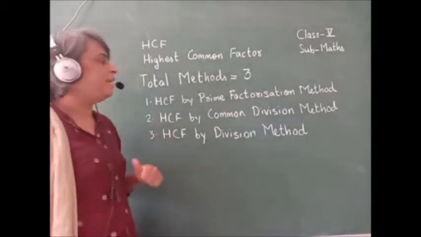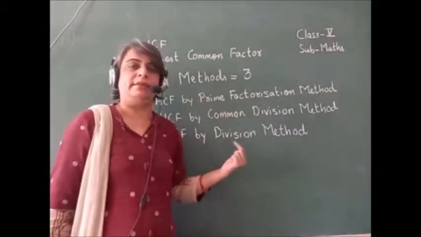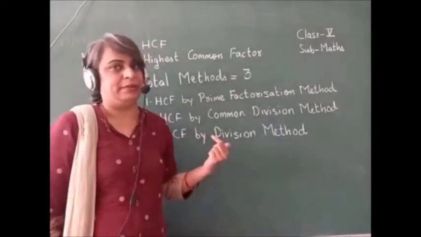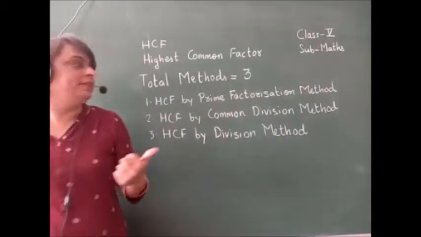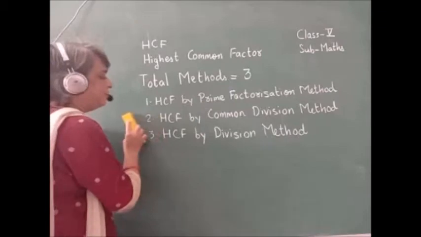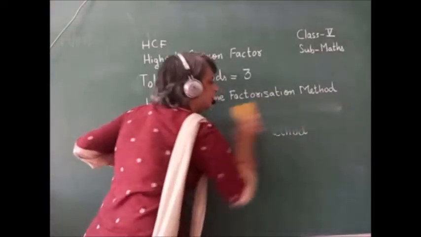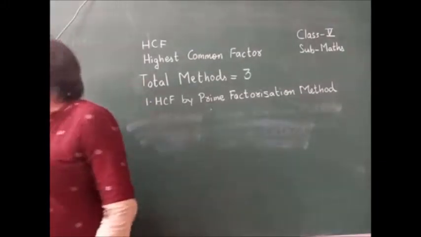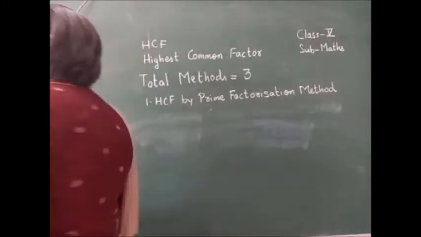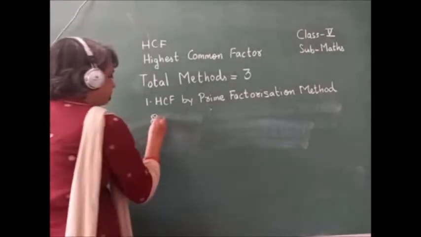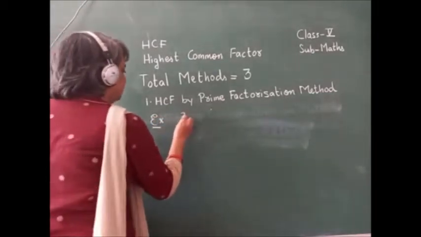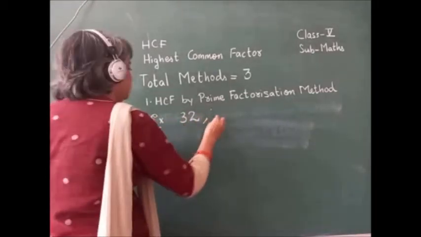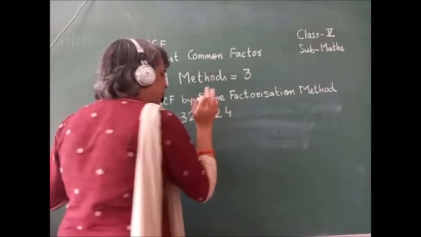Today, I will be explaining all these 3 methods with the help of an example. So, the first one is HCF by prime factorization method. Let me take an example of 32 and 24.